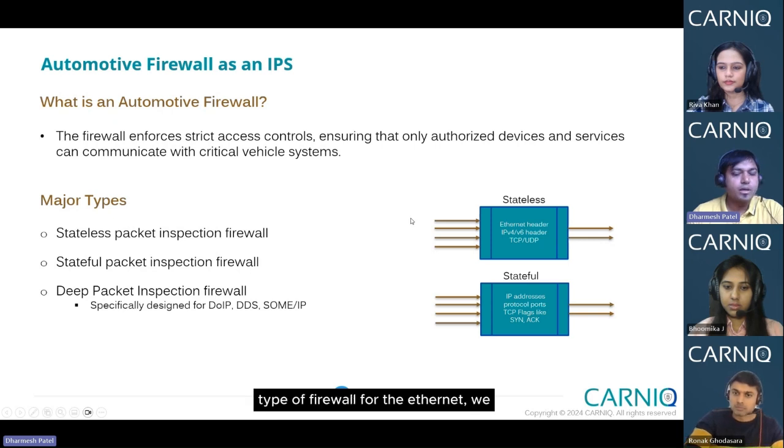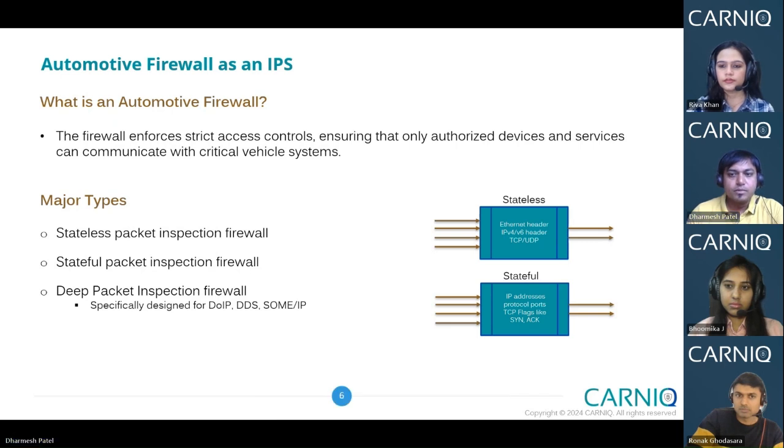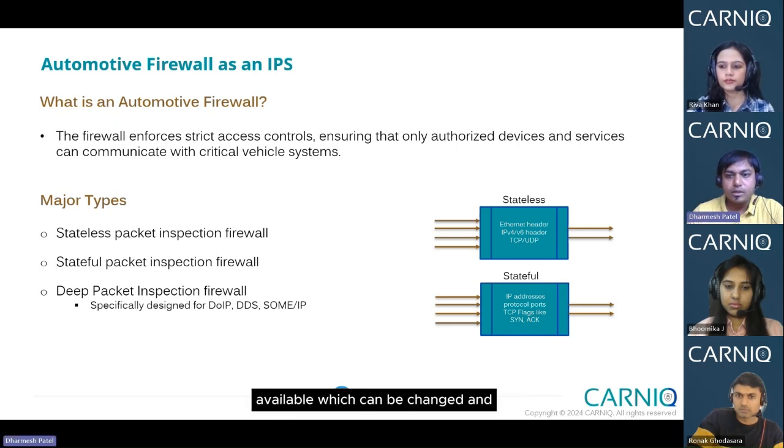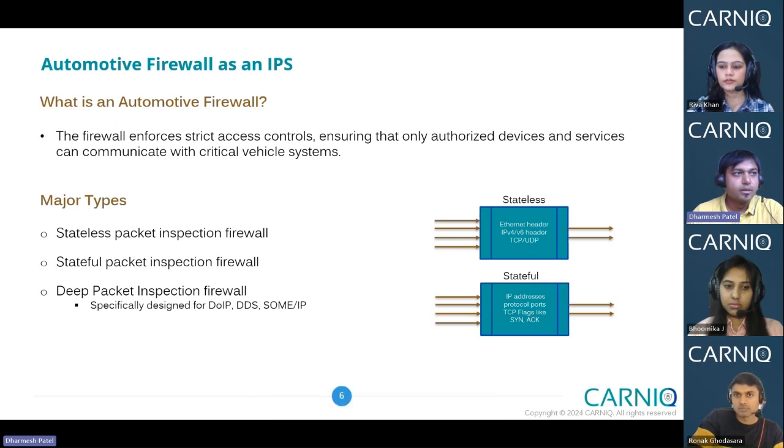For the Ethernet firewall, we have different configurations like source address, destination address, IPv4 and IPv6 headers, and TCP flags like the synchronization flag. If we identify that an attack happened because we were not checking a flag, then we can enable or configure these settings in the firewall, and it will be prevented going forward. So there are settings and configurations available which can be changed as the firewall is implemented.